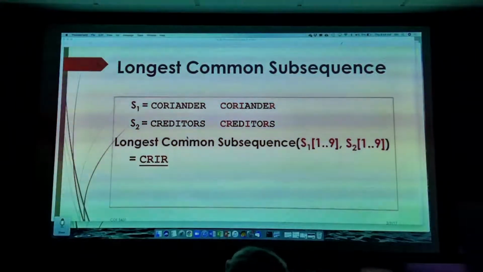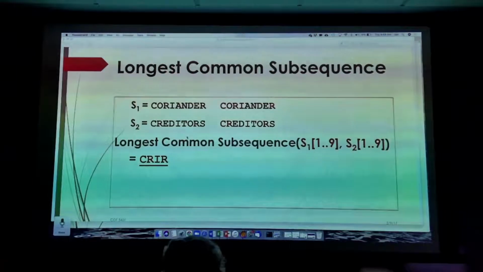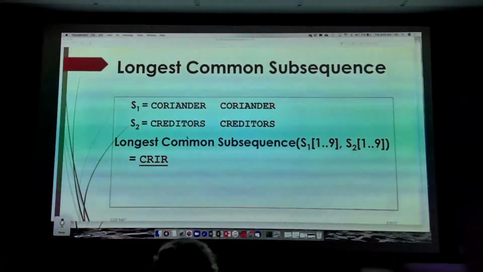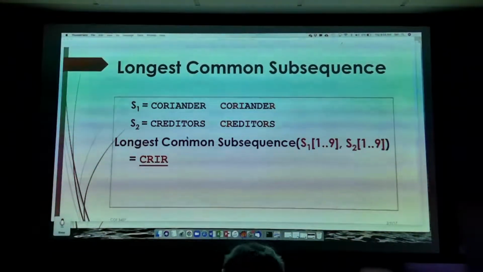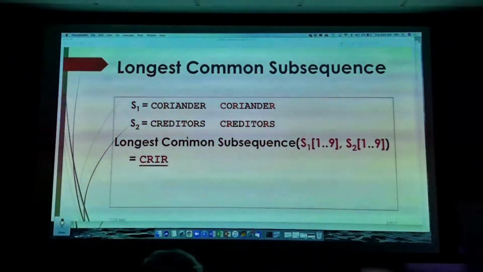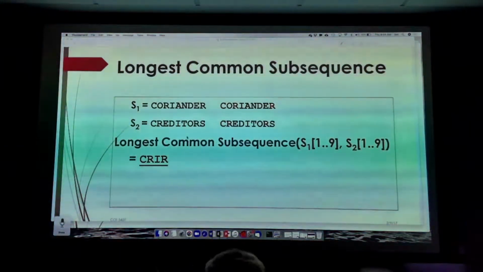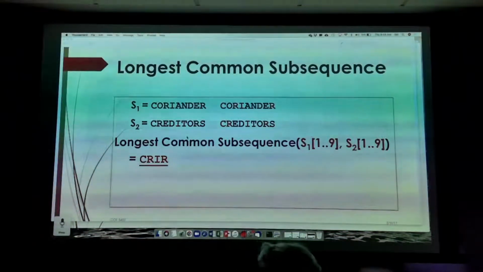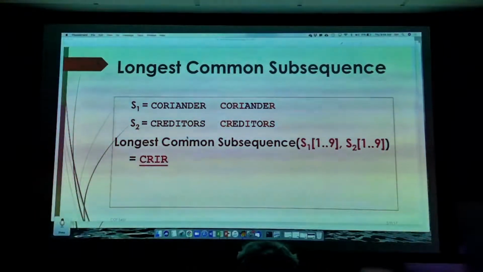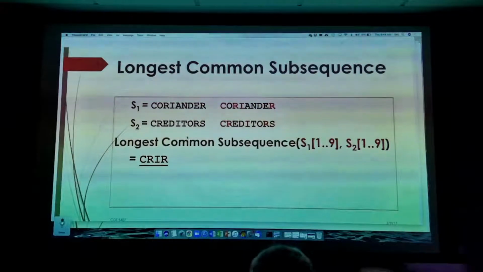And once you have a recursive solution, there are some techniques by which you can make it non-recursive by using an array or a table or some memo, so to speak.